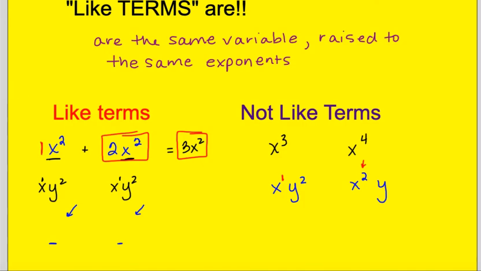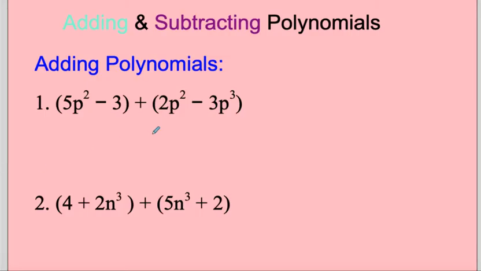So let's get to adding polynomials, okay? When we're adding and subtracting polynomials, we are not multiplying, so we have to be careful. We have to notice that we have a plus or a minus in between different, in this case, binomials. All we have to do is add up the like terms. We can drop the parentheses if it's addition and just combine the like terms. So I can see that 5p squared and 2p squared, I can add those together.